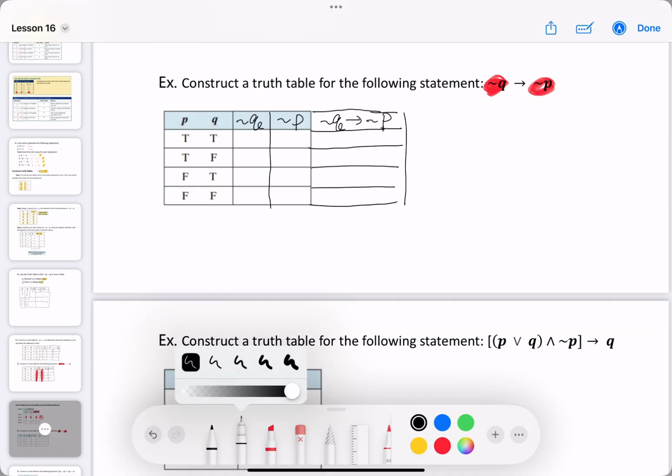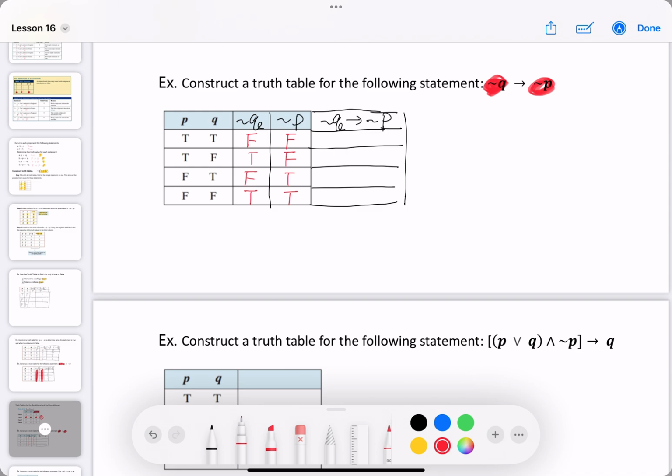Okay, in the first table, you can use different colors. So not Q, we need to negate our Q. We're having false, true, false, true. And not P, so let's negate the P. False, false, true, true.